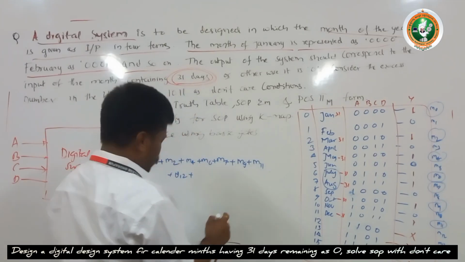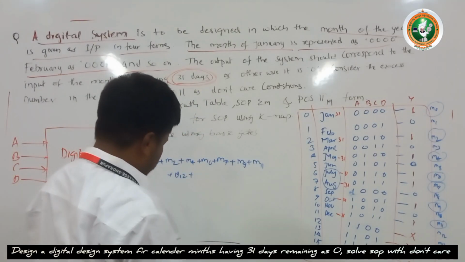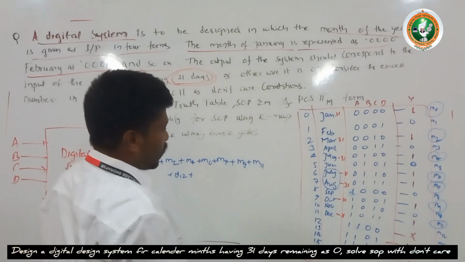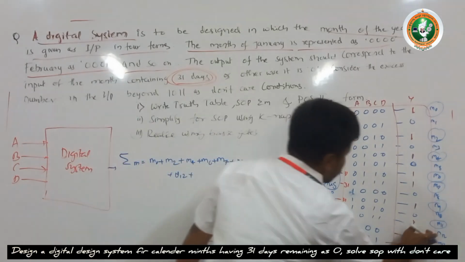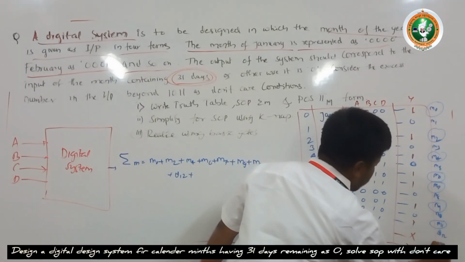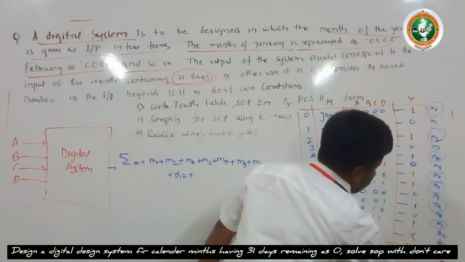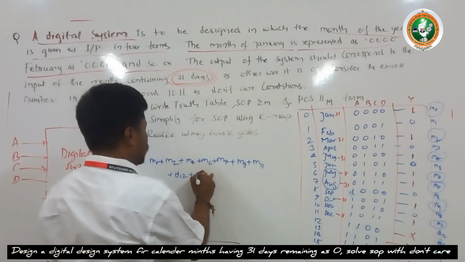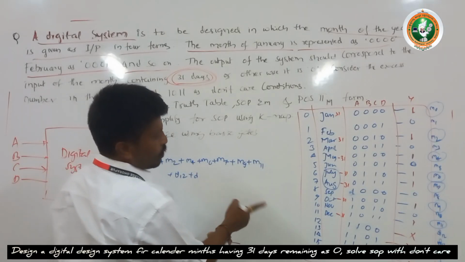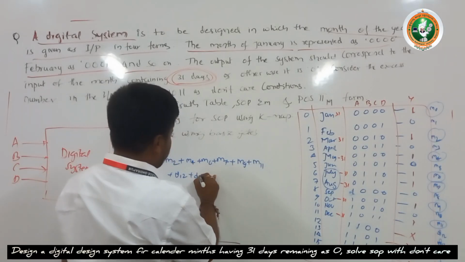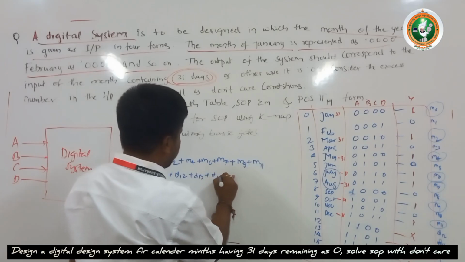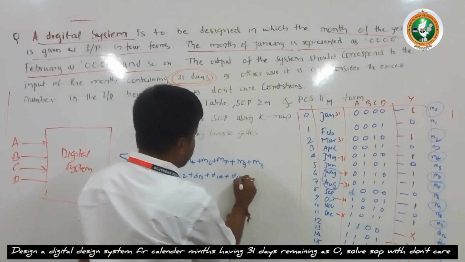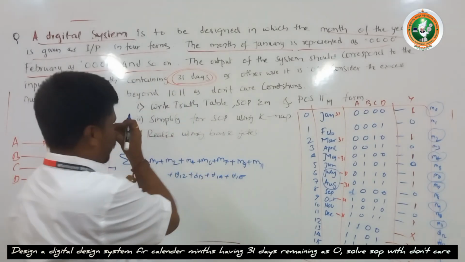Yes, D12 is there. I have to write D12, D13 continuously, D14, D15. Okay, this is the SOP form.